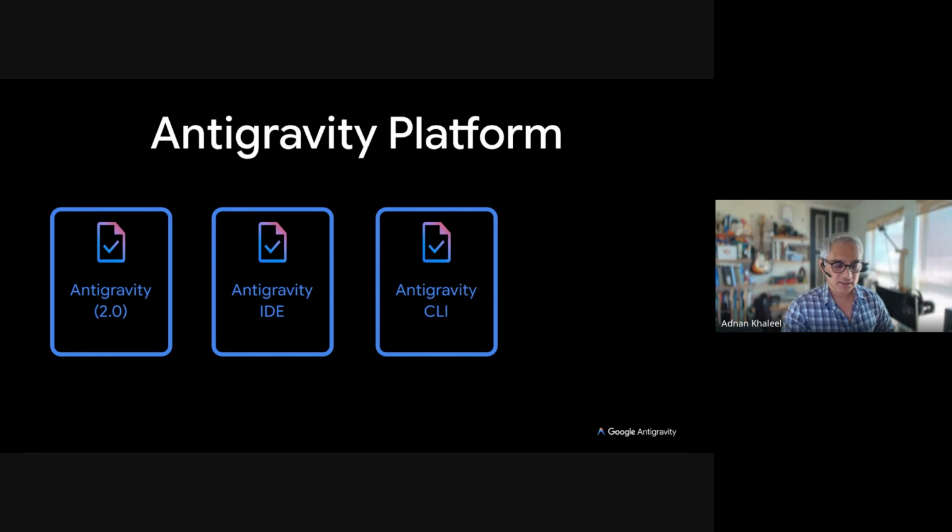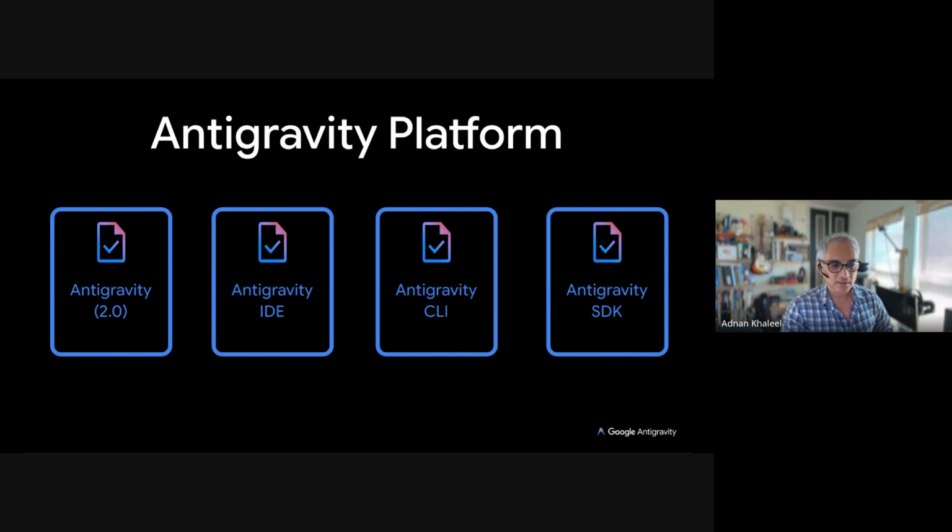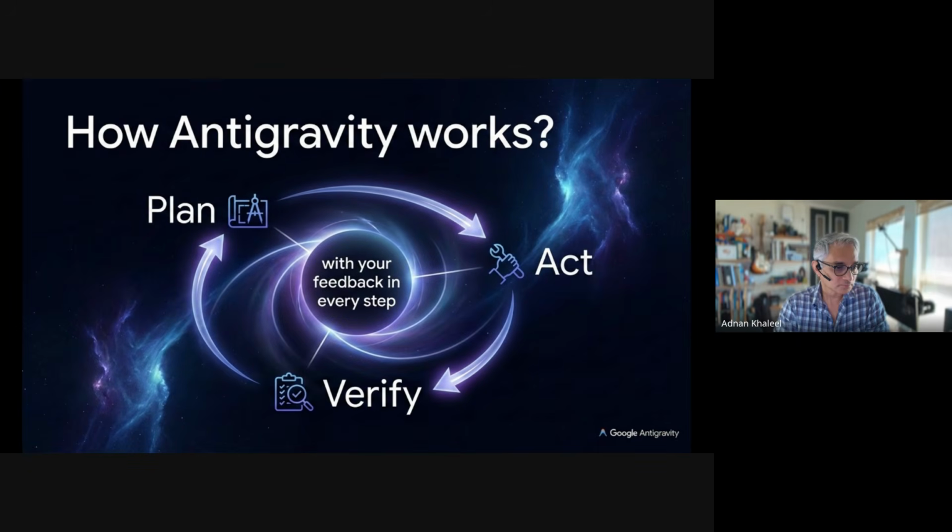And then there is the CLI, which is what we will be looking at predominantly today. And then lastly, there's the SDK, where you can enhance some of the capabilities of your own applications by having them talk to the Antigravity SDK and doing lots of agentic and sub-agentic work. And I'll talk about what subagents are and when you want to use them in a moment here.